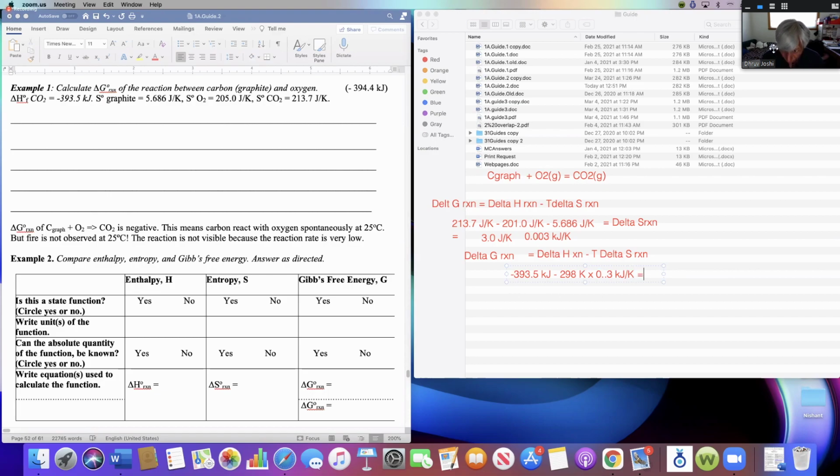So that equals 298 multiplied by 0.003. It's going to be a negative number, and 393 is a negative number, so adding them up, we get negative 394.4 kilojoules.